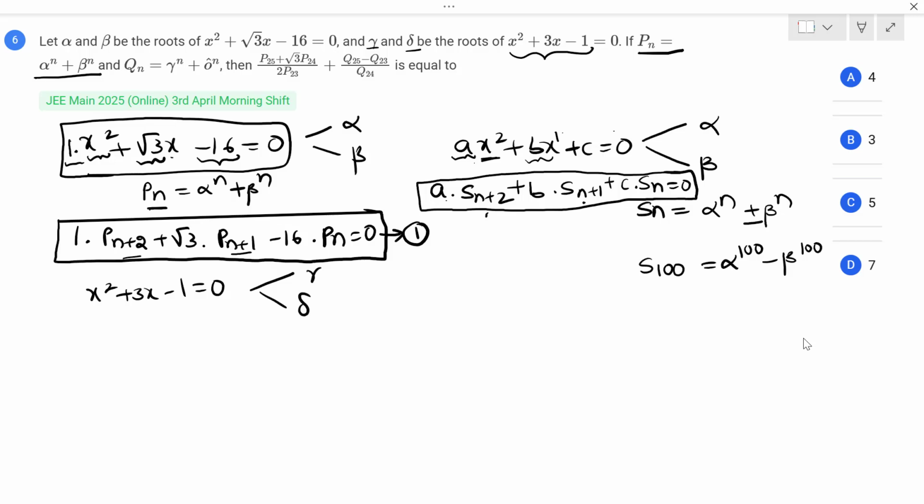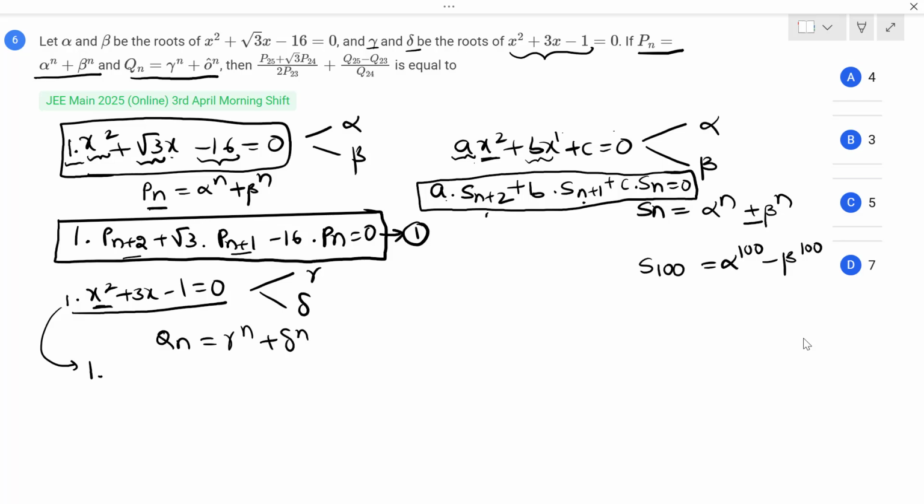Now what is he saying? There is a quantity Qn, gamma n plus delta n. Ignore the printing mistake. So he is saying Qn is gamma power n plus delta power n, similar to Sn. Now you know how to apply Newton's formula. Copy 1 as it is.